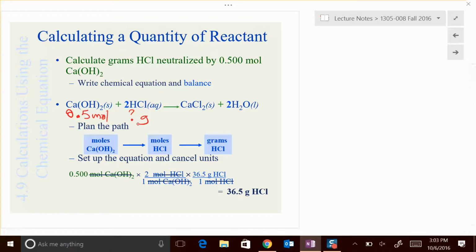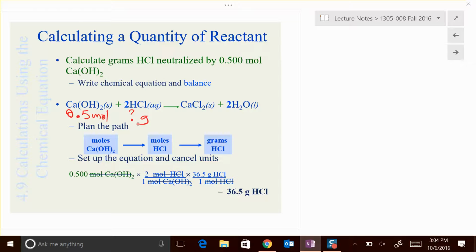I cannot do that unless I'm in molar quantities, which I am. So I'm starting in moles. I'm going to convert from the moles of this to the moles of this, and then to the grams of that thing. So my process is moles of calcium hydroxide to the moles of HCl to the grams of HCl.